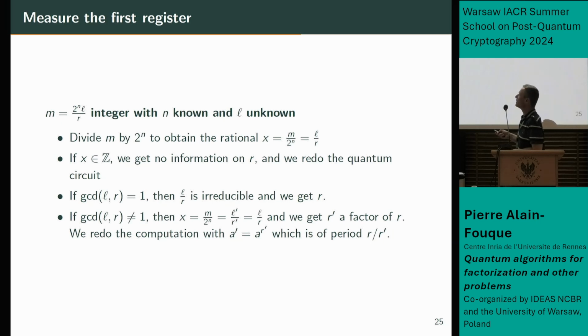And if L and R are not co-prime, you can make the fraction into an irreducible fraction, and this will be this value, and you will see that R prime is a divisor of R, and so you get a factor of the order.